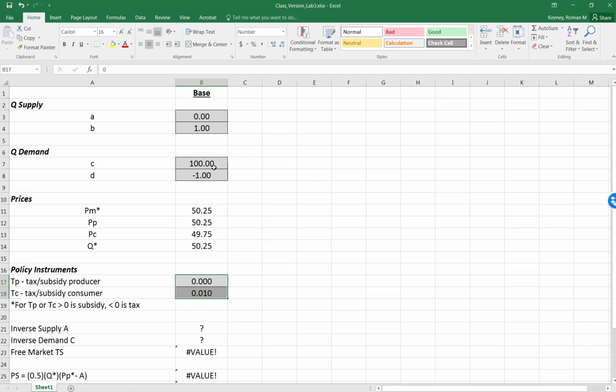Okay, I think we're done with checking out the top half of this model. I just want to make a note for the scenarios that you might do later.